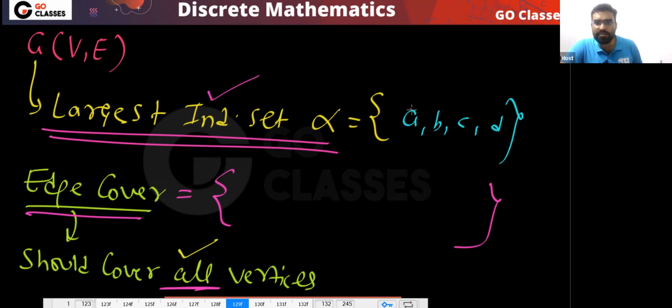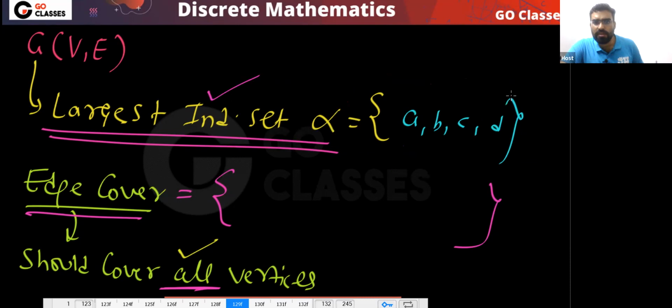So there is no edge which can cover 2 of them. This is an independent set, which means there is no edge which can cover 2 of them.